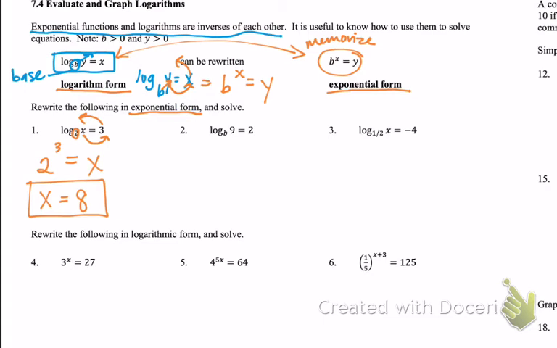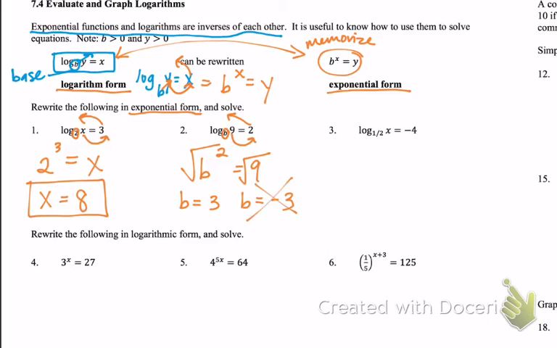Number 2: log base b of 9 equals 2. B comes to the top, 9 switches to the other side, and 2 becomes the exponent. So this would be written as b squared equals 9. And so then the square root would be plus or minus 3. So b equals a positive 3 and b equals a negative 3.